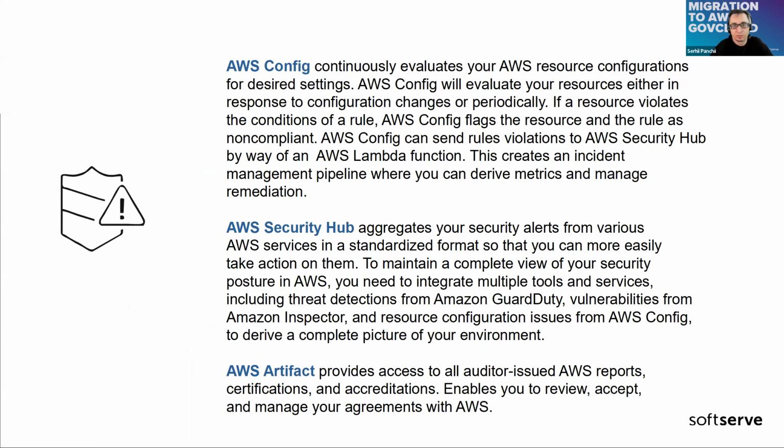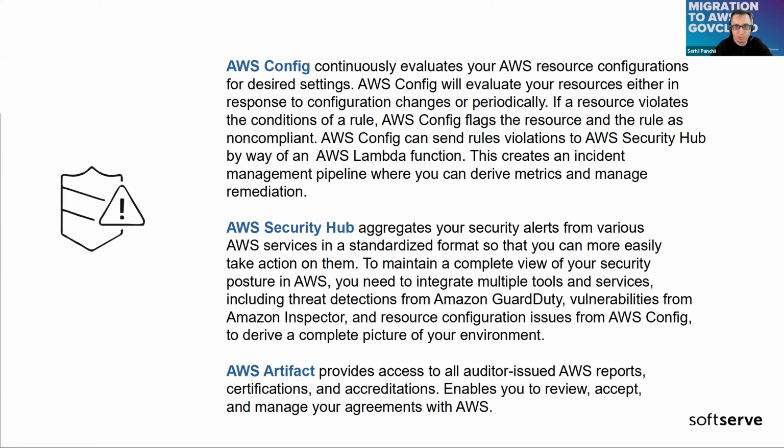Here I mentioned several AWS services under the AWS Landing Zone umbrella and key notes for them that can help to achieve needed requirements in AWS GovCloud for the compliance audits. AWS Config helps to extend continuous monitoring and continuously evaluates AWS resource configurations for desired settings that need to be covered for audits in an AWS GovCloud account.